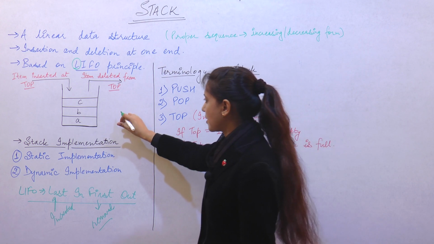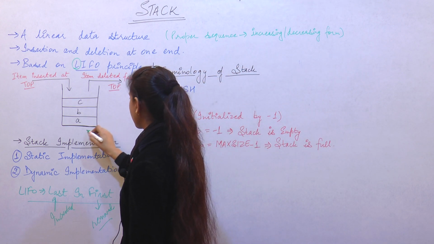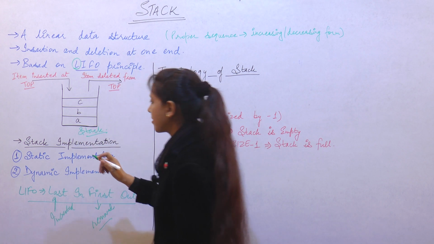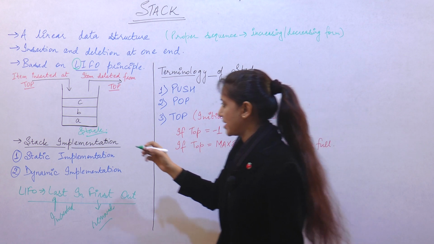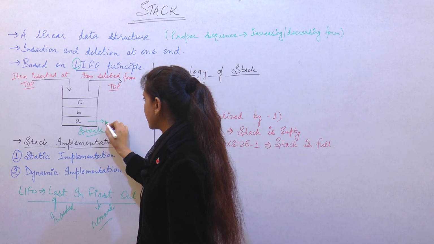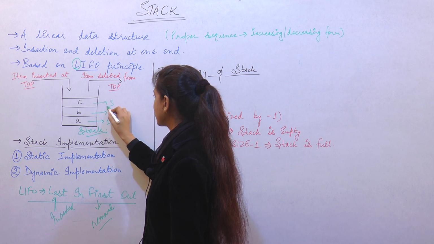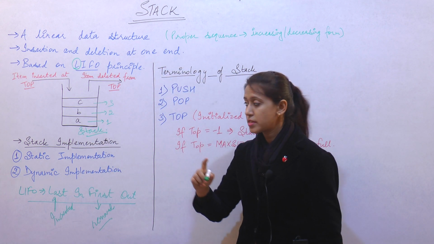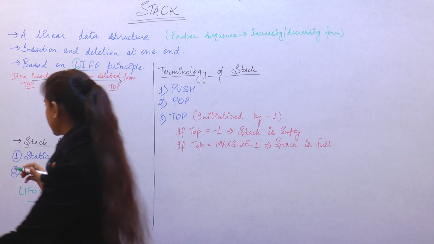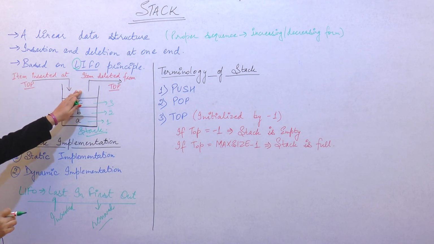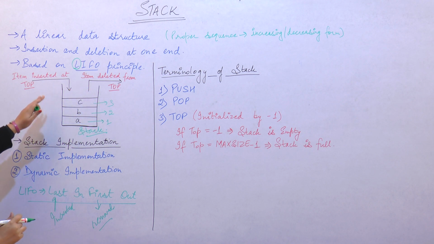Here is an example of a stack. Suppose this is our stack. In this stack we have three elements: the first one is A, the second is B, and the third is C. We insert elements from the same end and delete from it also.